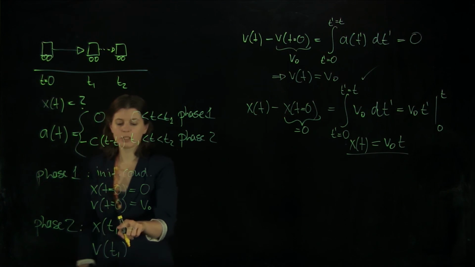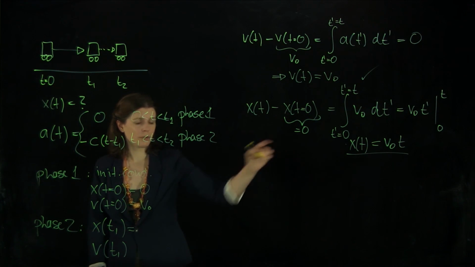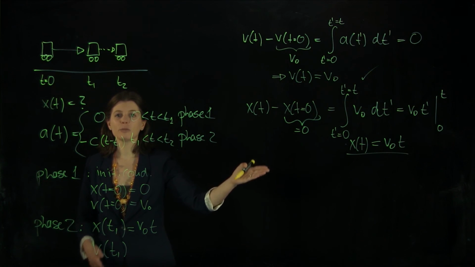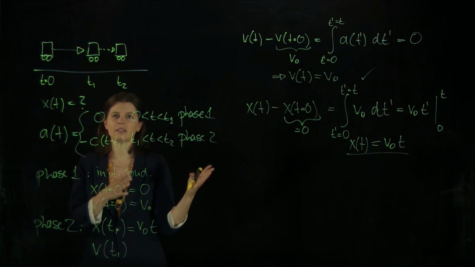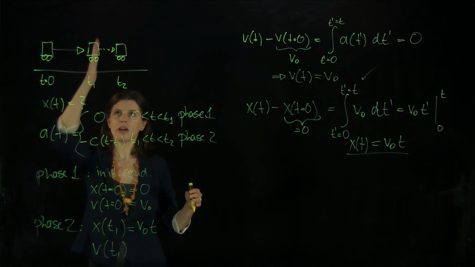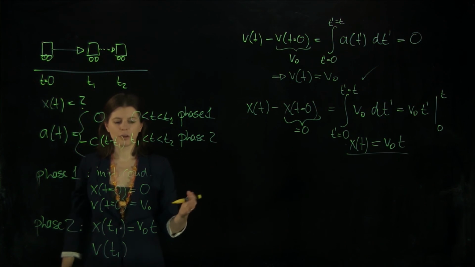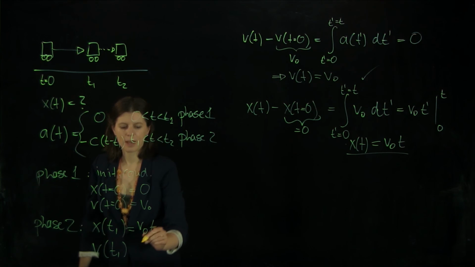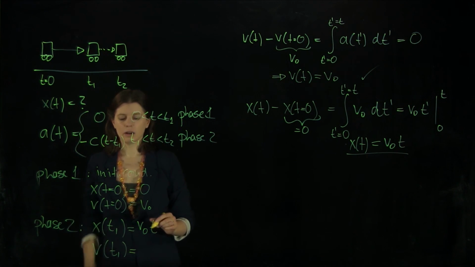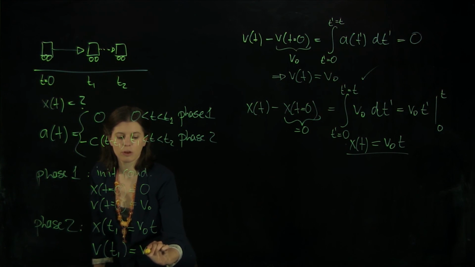And about the position, we know from over there that this is v0 t. So our previous result now actually becomes the initial condition for the next step, right? Because whatever happens here sets whatever happens afterwards. So that's nice. And we know that up to this moment here, this car goes with a velocity of v0.